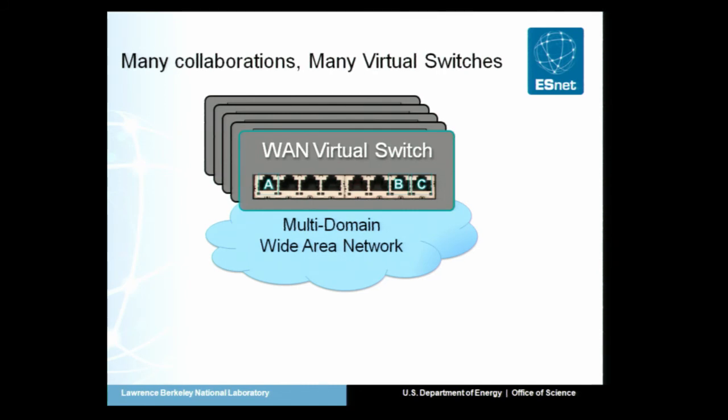And not only that, each site can be connected to a different WAN virtual switch, and it is possible to do that using the flow space division or slicing that Eric Boyd talked about and that GENI has been working with as well. So let's get to something more tangible from this abstract concept. Next slide.